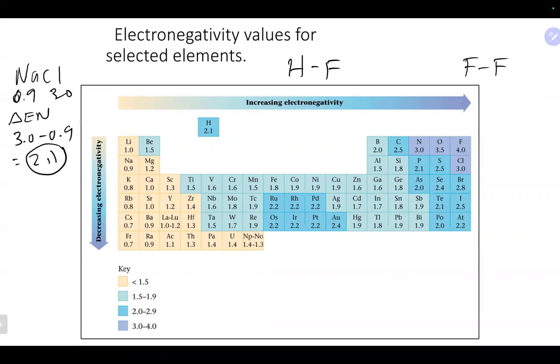So 2.1 is above 2, which tells us this is going to be an ionic bond. Once again, for something like this, you don't even need the numbers. As soon as you see sodium and chlorine, metal, non-metal, it's ionic. So if it makes you feel better, you could do that. Not all ionic bonds, when you do the electronegativity difference, will get you above 2. There's some that will be less than 2. So again, I would just follow metal, non-metal, ionic, and you'll be okay.